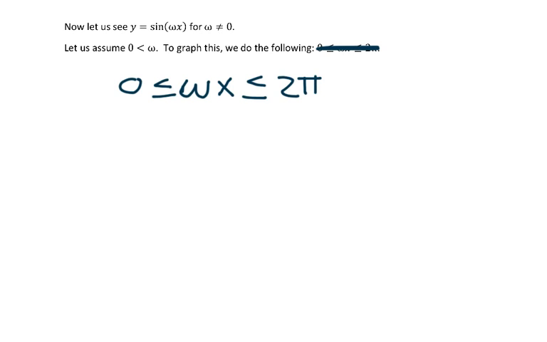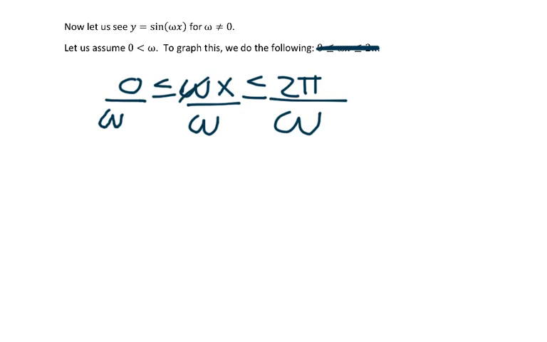In other words, when the entire input here, omega times x, ranges from 0 to 2 pi, then one cycle of this whole function is completed. But we want to know what happens with x, not omega times x, so we just divide. Dividing by omega, like so.